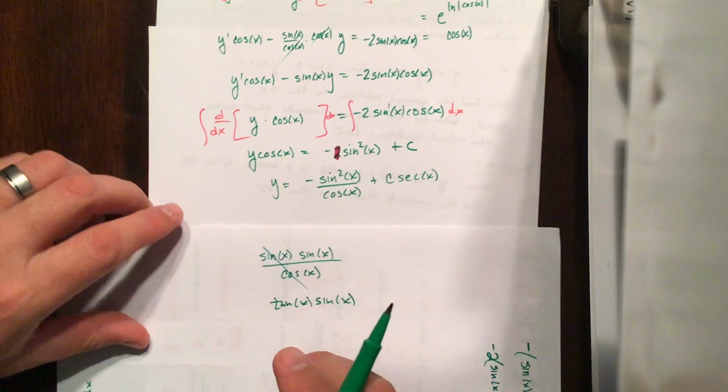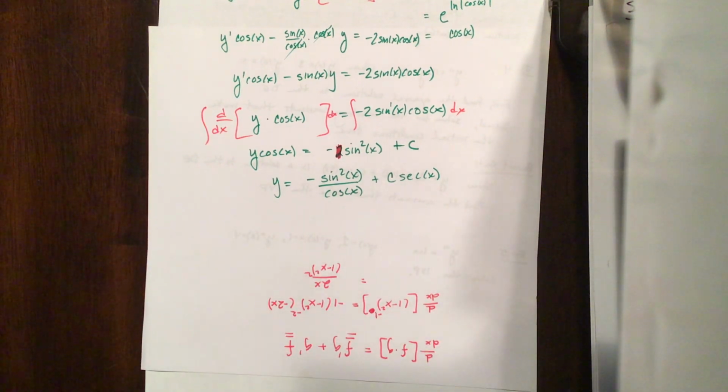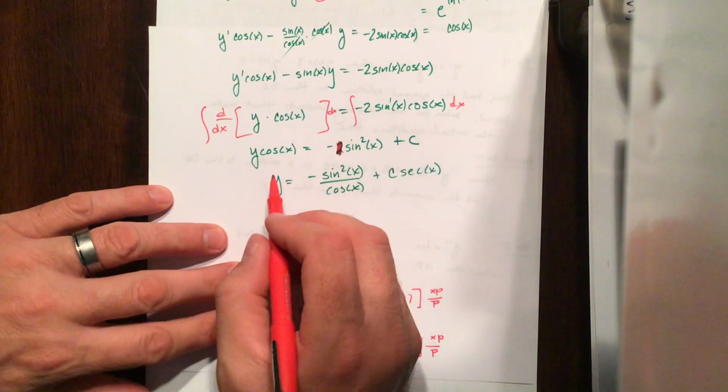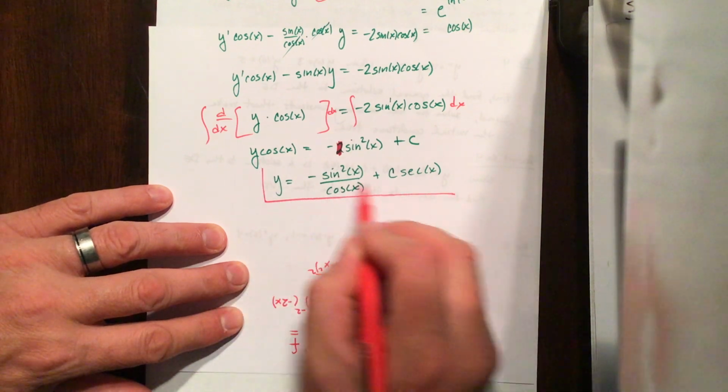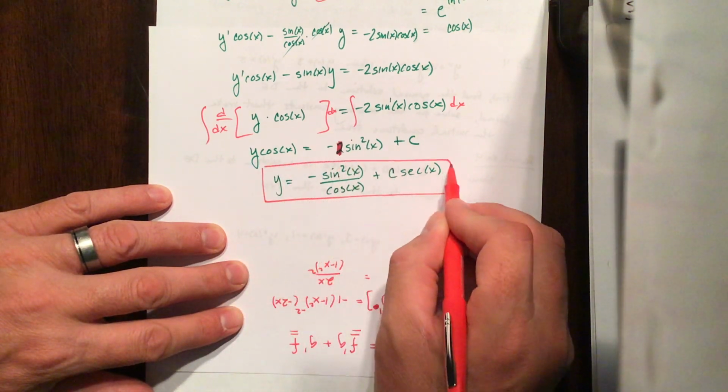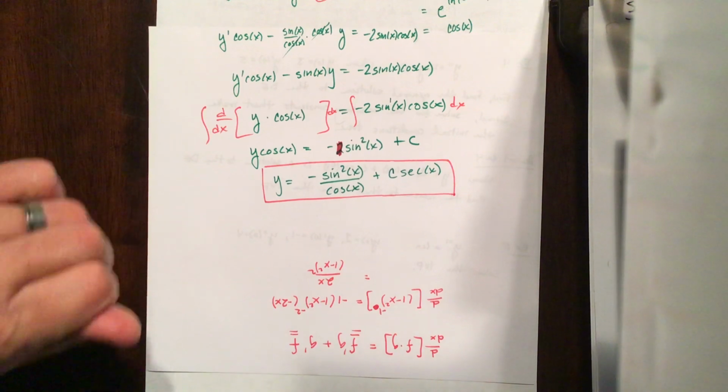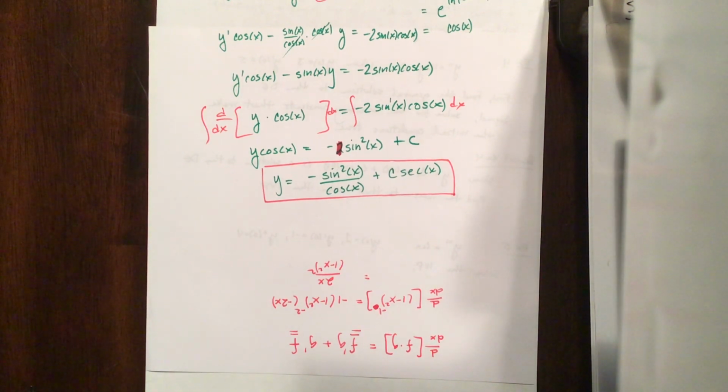All right, so we'll leave our answer like that. I can't promise you that there's not a nicer way of writing that, but each way that you can come up with is going to be equivalent.